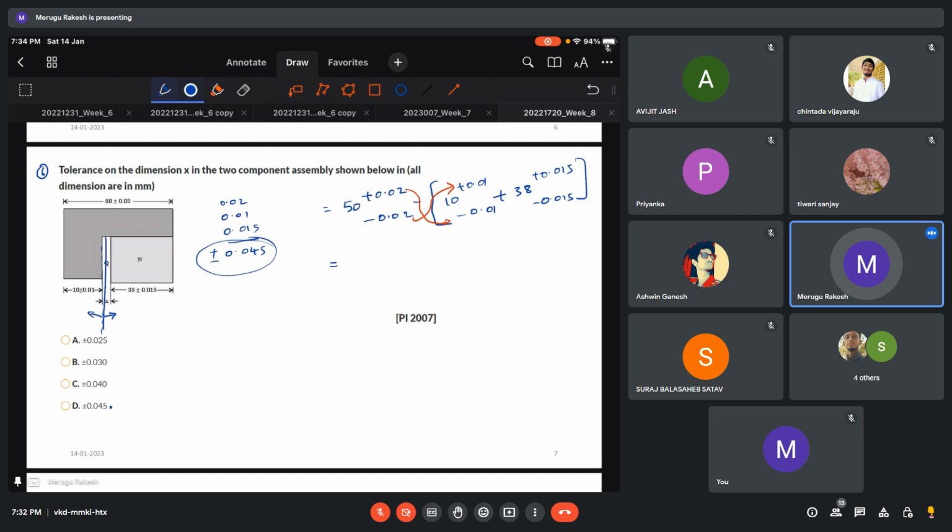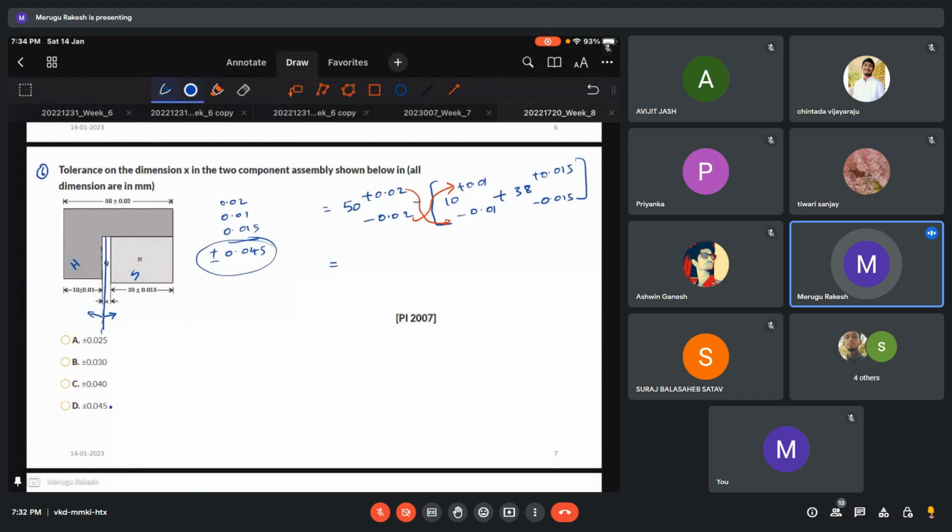Suppose I take this as a shaft and this as a hole. The tolerance will be shifted like this. I think in that case the diagram will do better rather than doing these things.